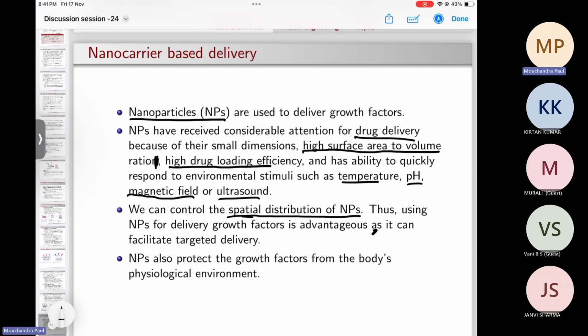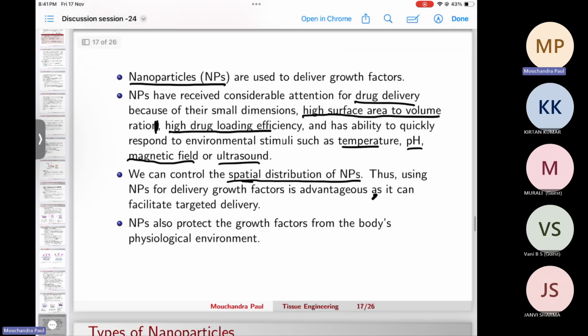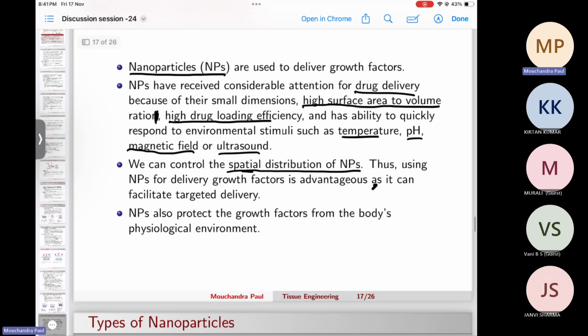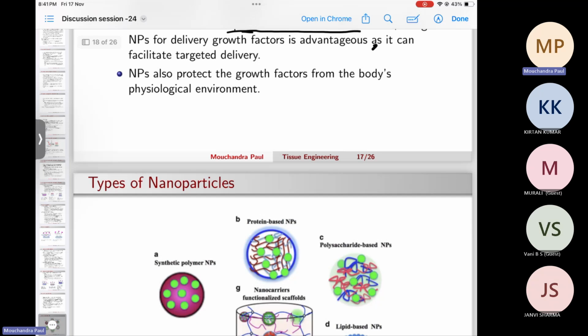So we want control over the spatial distribution of delivery. For the same reasons, we will also use nanoparticles as a carrier to deliver the growth factors. Then again, due to encapsulation within a closed environment, the growth factors will be protected from the body's physiological environment, and thus degradation will be prevented.